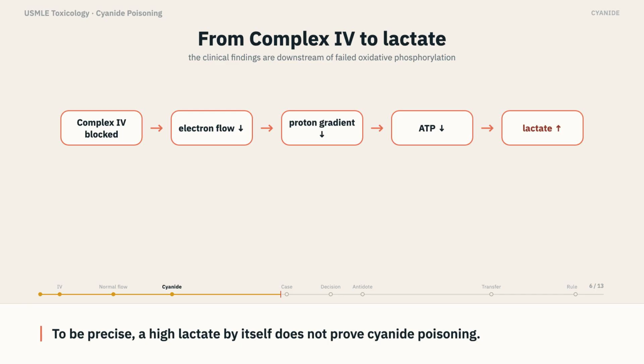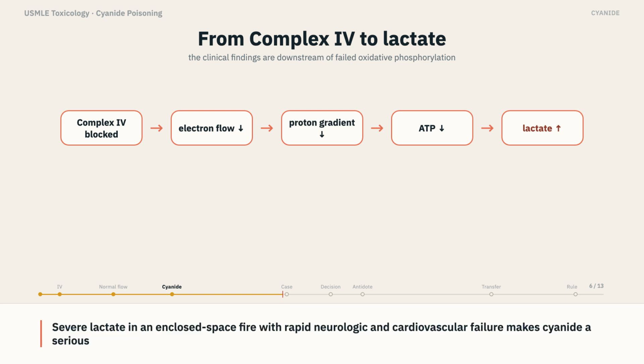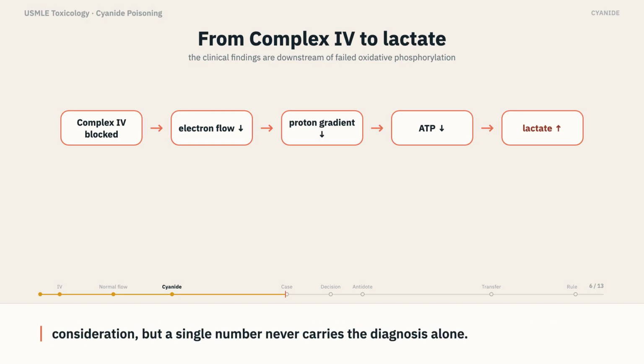To be precise, a high lactate by itself does not prove cyanide poisoning. Plenty of things raise lactate. Severe lactate in an enclosed space fire with rapid neurologic and cardiovascular failure makes cyanide a serious consideration, but a single number never carries the diagnosis alone.